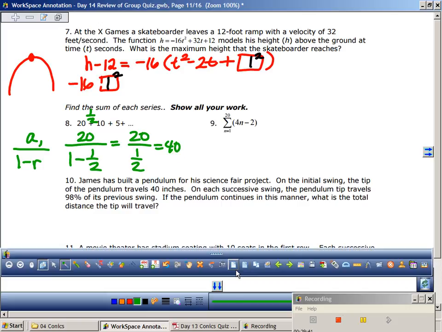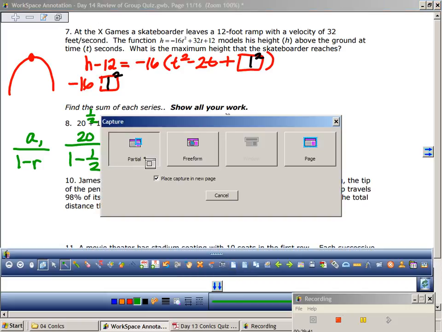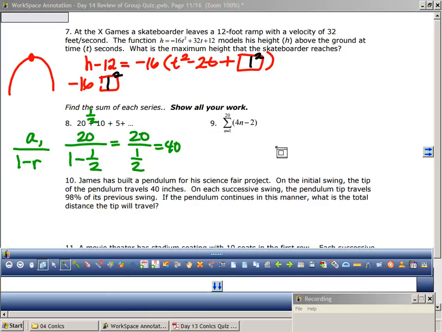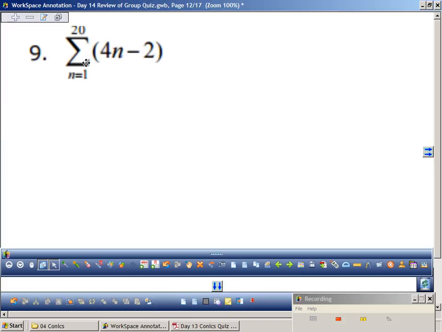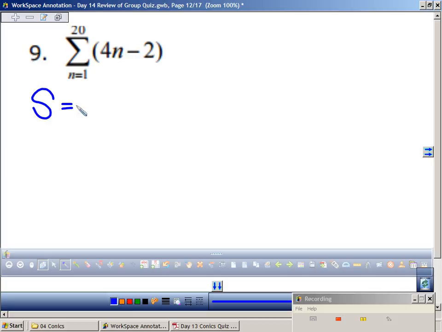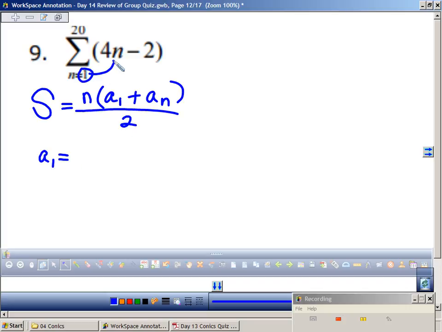This one I'm going to do on another page. So this one's asking me for a sum. A sum is the number of terms I have plus the first one and the last one, all over 2. In order to find the first one, I just need to plug in 1 for n, and I get 4 minus 2 is 2.